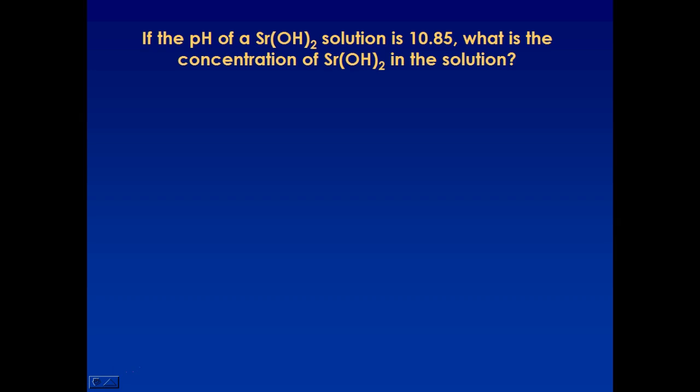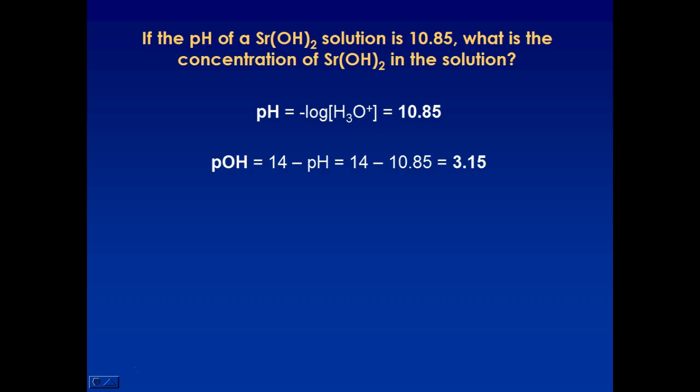Here I see the pH of a strontium hydroxide solution is 10.85, and I want to know the concentration of strontium hydroxide in the solution. Well, pH doesn't have a whole lot to do with strontium hydroxide, but pOH is a little bit more familiar because hydroxides are present. So if my pH is 10.85, I can use pH plus pOH equals 14 to solve for the pOH, 3.15.